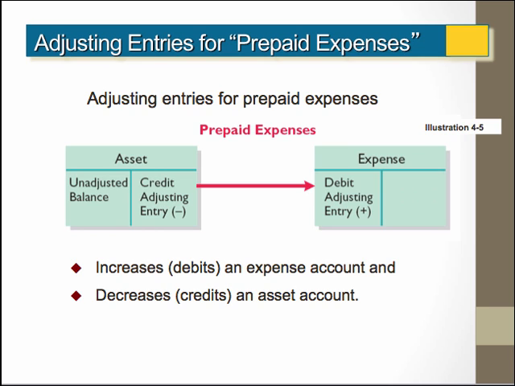The asset would be a prepaid, such as prepaid insurance, and the expense account would be insurance expense. We would maintain a balance on the debit side of the prepaid insurance account, and as each month goes on, we would reduce the prepaid insurance account with a credit, and we would increase the expense account with a debit.